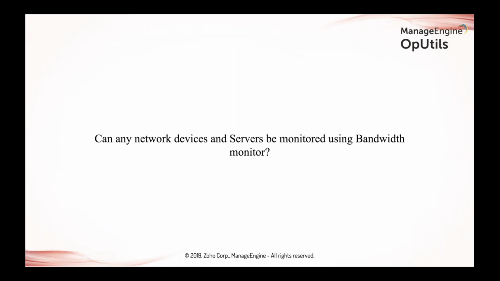And the next one is, can any network devices and servers be monitored using bandwidth monitor? Yes, for bandwidth monitor, we use SNMP. Bandwidth monitor can monitor the traffic status of any interfaces of any device that supports SNMP. So we primarily rely on the SNMP response from the device to fetch the interface information.